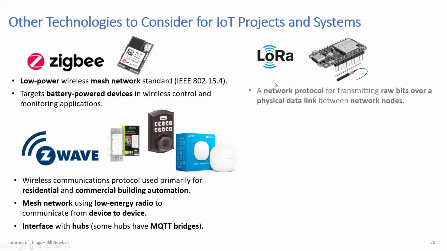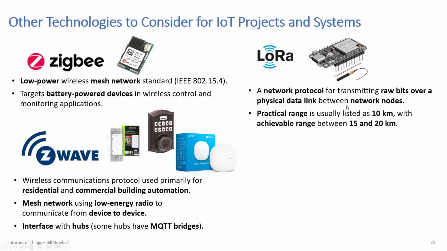LoRa is for longer distances. So this is a network protocol for transmitting raw bits, so raw data over a physical link between network nodes, and it's longer ranges. And so I haven't used LoRa yet. I'm really looking to find a problem, looking for this solution. But the advertised range is usually listed as many kilometers.